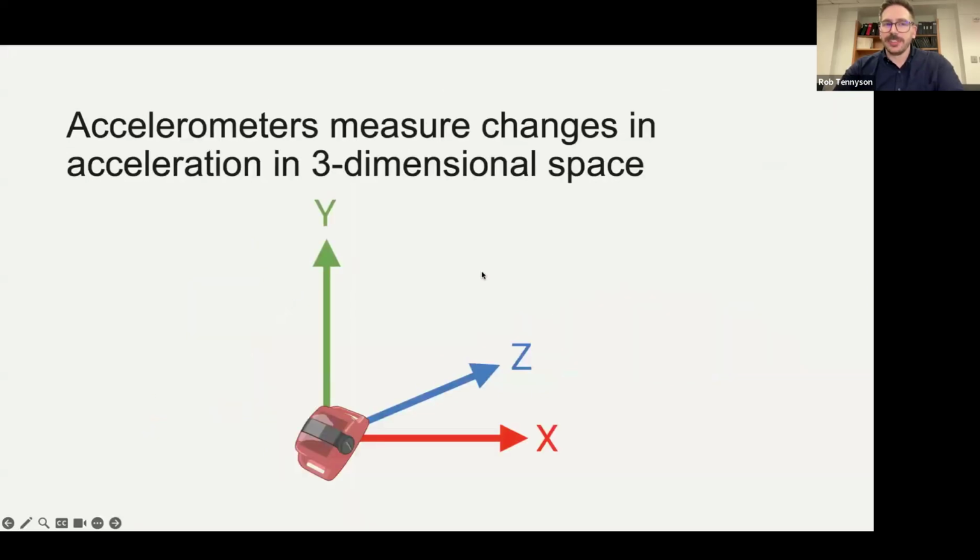Accelerometers themselves have gone through several stages of development over the last few decades in order to measure movement better. Now any modern accelerometer will measure movement as changes in acceleration in three-dimensional space.